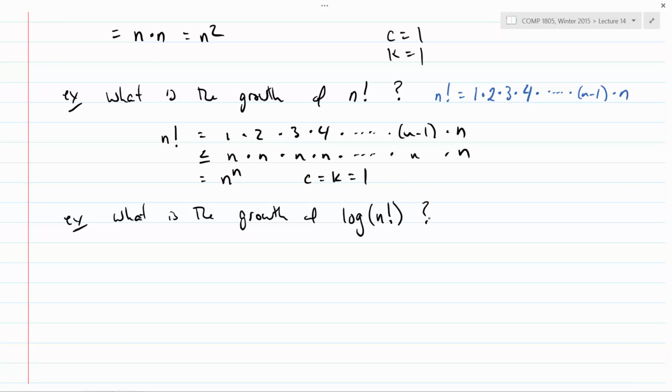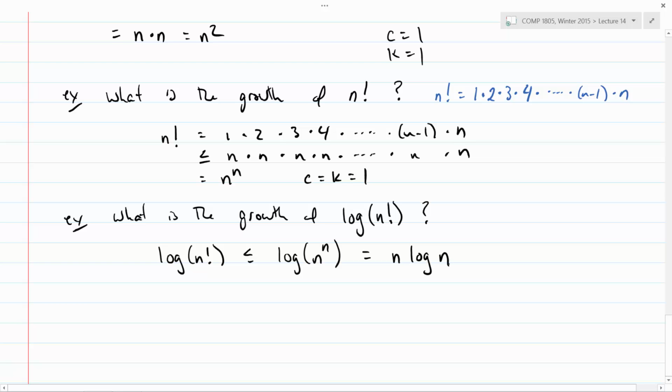Okay, so that's good. We have log n factorial, and we already know from the previous answer that that's less than or equal to log of n to the n. Right? That's what we had before. So what's log of n to the n equal to? Not quite n, there's an extra factor. n log n.